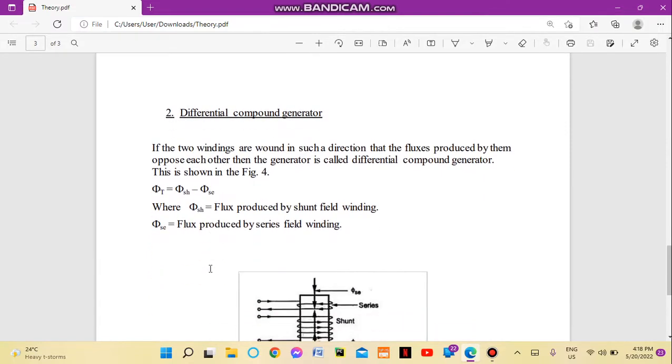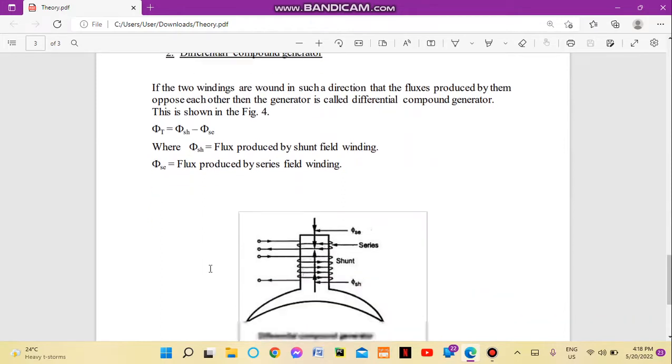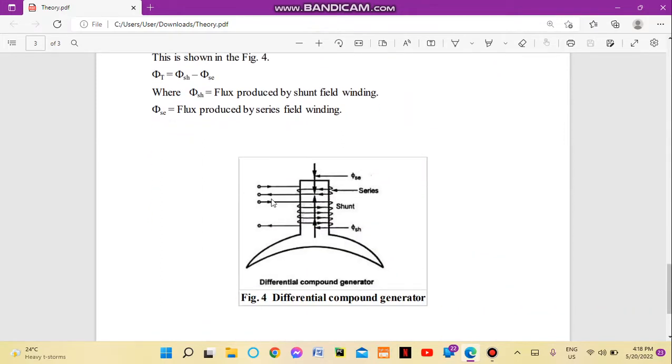In a differential compound generator, it is in contrast to a cumulative compound generator. Here, the direction of current in the series field winding is opposite to the direction of current in the shunt field winding.